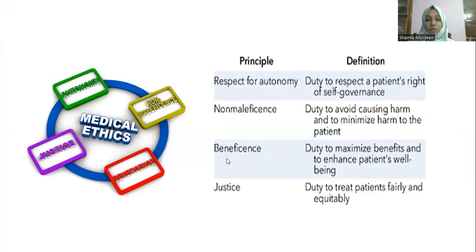Justice deals with treating every patient equally and fairly, for example, asking patients to stand in a queue. So there are four ethical principles: autonomy, non-maleficence, beneficence, and justice.